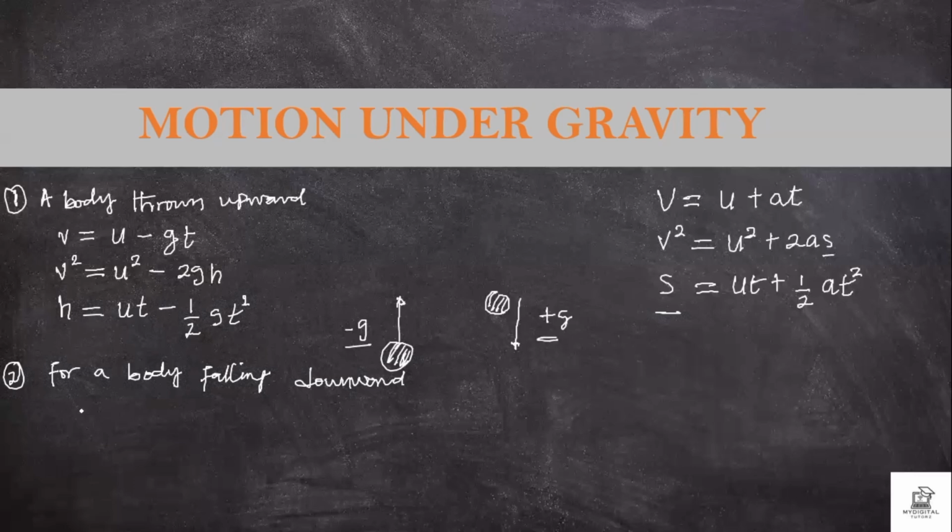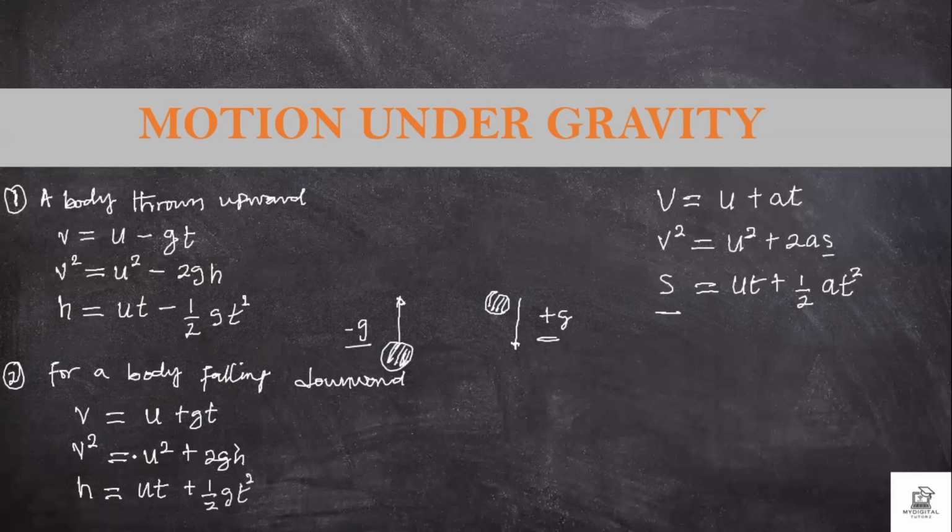Our first equation will be V equals U plus GT. The second equation will be V squared equals U squared plus 2GH. And the last one will be H equals UT plus half GT squared. I hope this is understood. We have the usual representation of each of these.